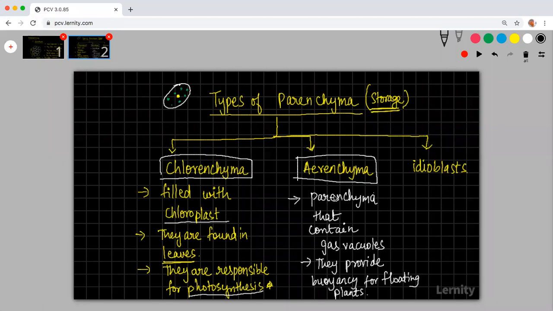So that floatability or buoyancy will be given by aerenchyma tissues. Okay, so quickly copy down.